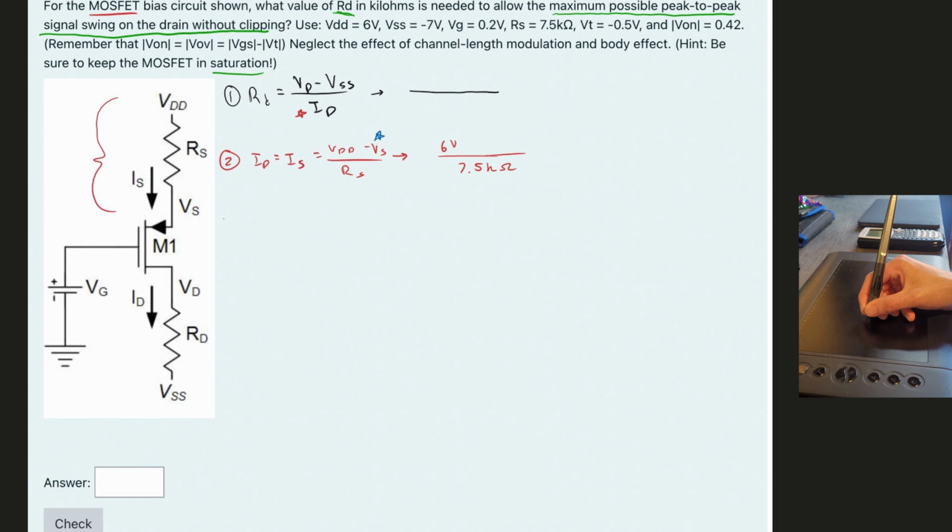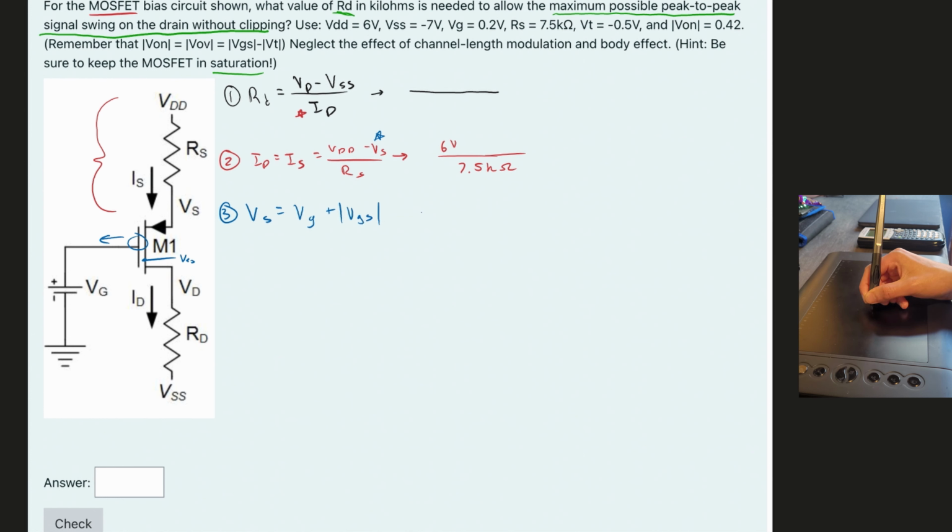So now let's solve for our VS. We don't know what it is. If we look at this node right here, VS is going to be equal to the VG, because we have some voltage out this way, and then the gate-source voltage, VGS, right here. So we're going to have VG plus the absolute value of our VGS.